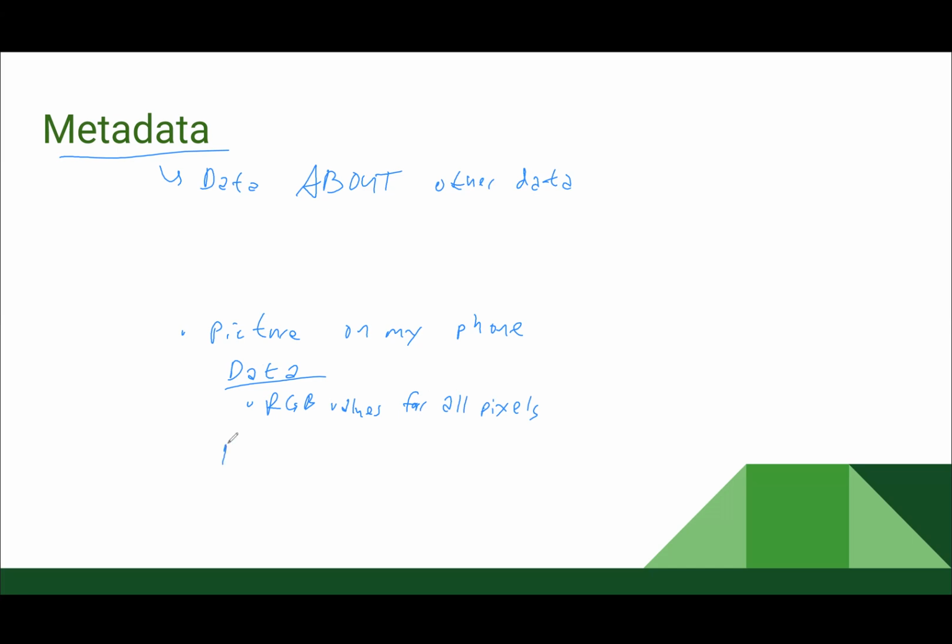Now, what is the metadata for this picture? What kinds of things might my phone store about this picture? What kind of information might we want to know or need to know? Would it be the date and time? Date and time, absolutely. So the date and time when the photo was taken.